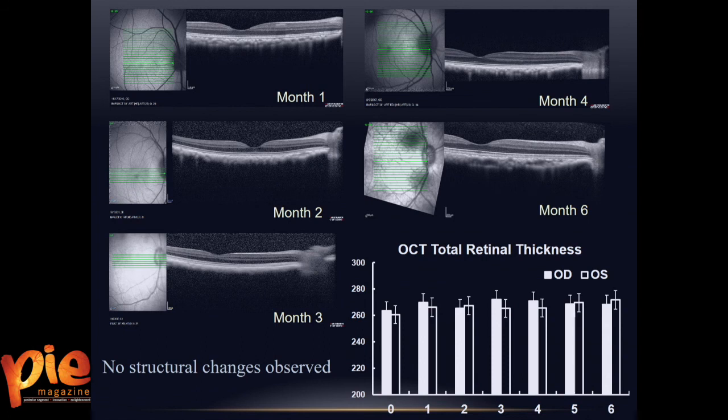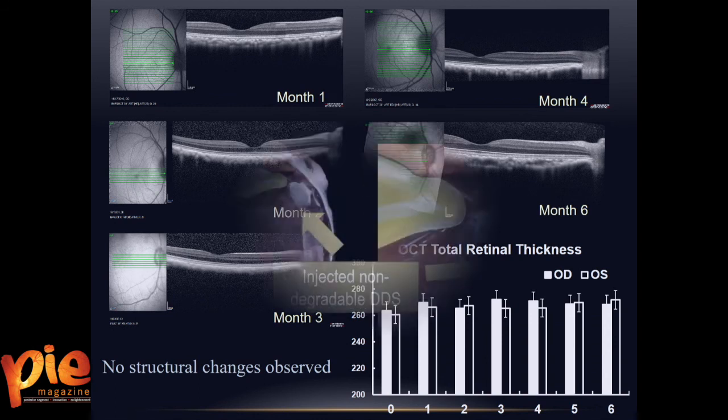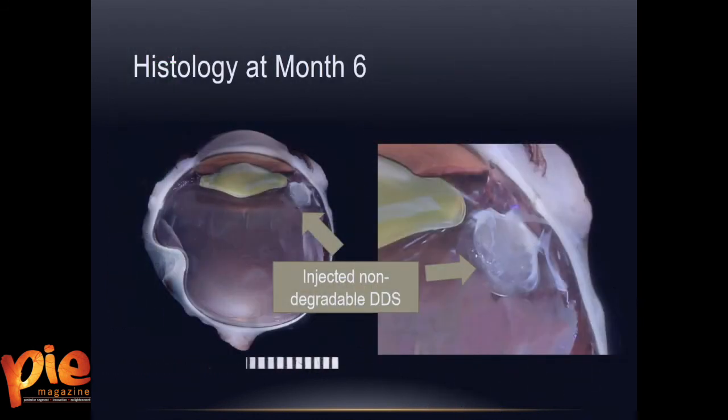Here's an example of OCT compared to control eyes, where there's no difference between the treated and untreated eyes, and the OCT and ERGs are normal. And here's a histology at 6 months. In this particular animal, we injected a non-degraded hydrogel so that you can see in our histology, again, there's very minimal inflammation or changes to the eye.